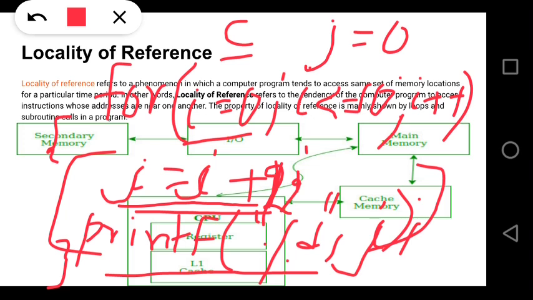For that we are utilizing a concept called locality of reference. So the goal of the locality of reference is that execution time should be reduced.